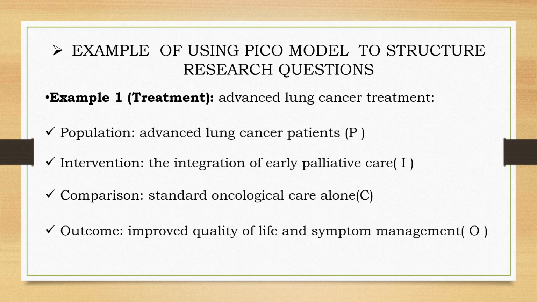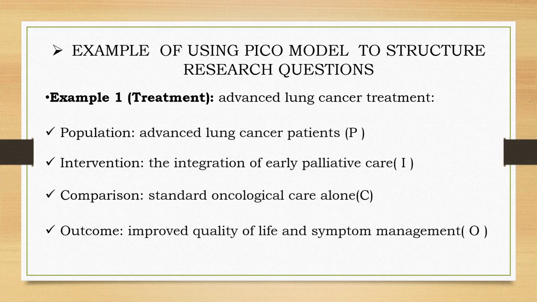Oncological care is a medical treatment that focuses on diagnosis, treatment, and management of cancer. It includes a number of different treatments like surgery, chemotherapy, radiation therapy, immunotherapy, and targeted therapy, always delivered by a multidisciplinary team.